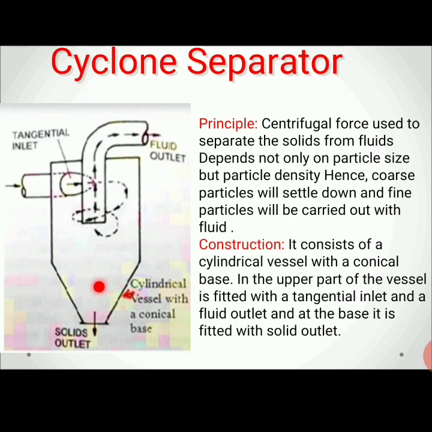Those solid particles fall down due to their heavy weight and are discharged from the solid outlet, and the gas is removed from the top. Okay, this is all about the cyclone separator.